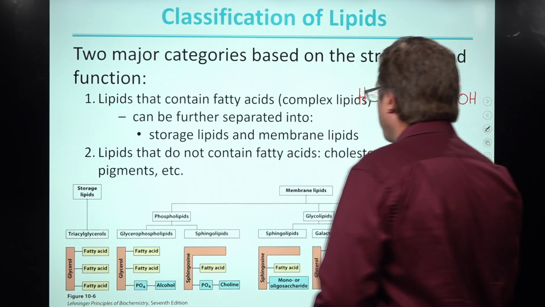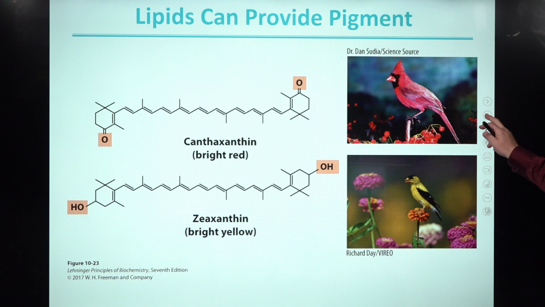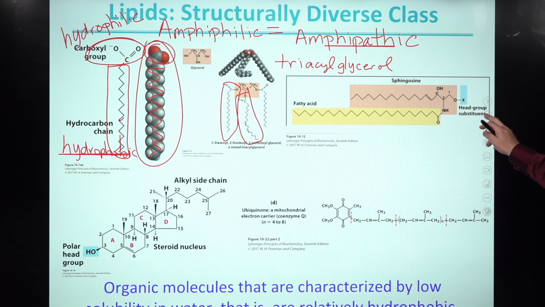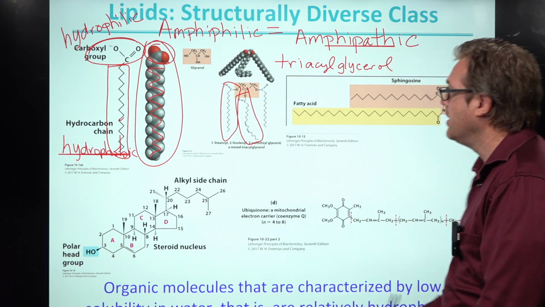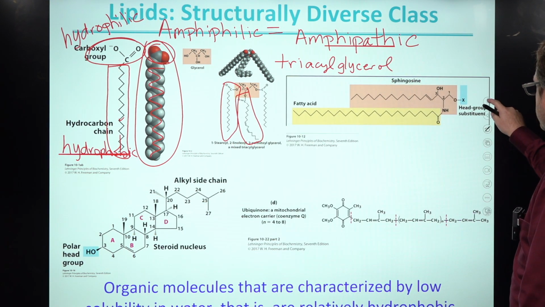Like that. All right, let's double check it. Back to the slide right here. You can see, what does glycerol have? 1, 2, 3 carbons. 3 carbons, 3 alcohols.